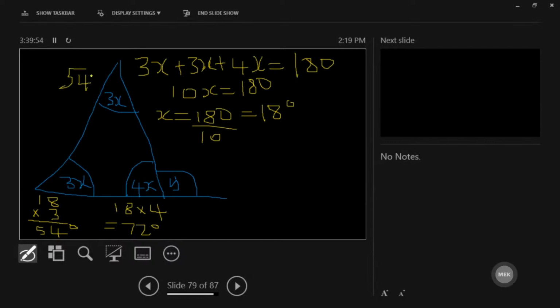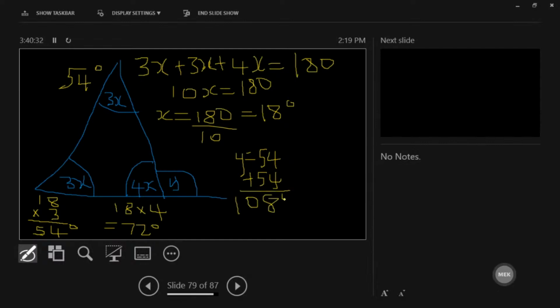So that's also 54. And like Imani said, once we find x, we automatically find y, because these two angles add up to give the exterior angle. Or once we know this angle, we can take it from 180 and find this one. So there are two ways we could find y after we find x. Add the 54 plus 54. So y is 54 plus 54, which is 108 degrees.